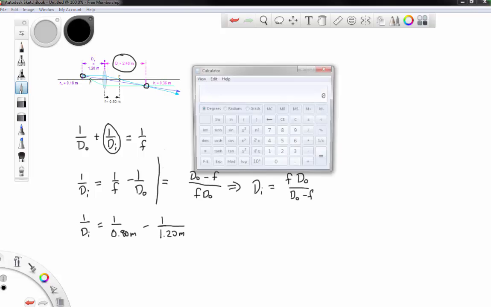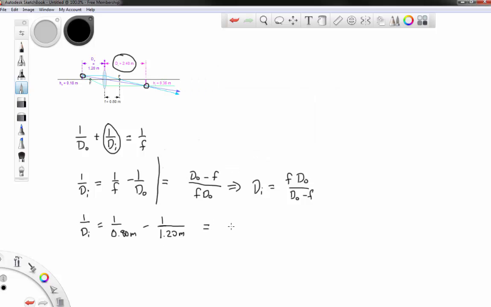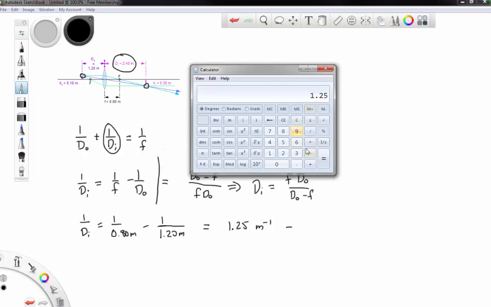We can plug those things into our calculator, and what we're going to get is 1 over 0.8 gives us 1.25, so might as well just write that out. So this is 1.25 inverse meters, and then from that we're subtracting 1 divided by 1.2.